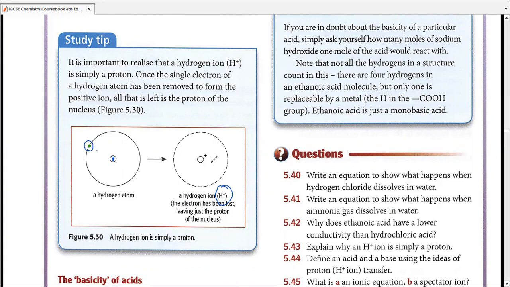It never had a neutron. There was only one electron, which is now lost. What are we left with? Only one proton. That's why we call it a proton, because hydrogen ion is simply a proton, which is also mentioned over here, right? So this is another definition of an acid.